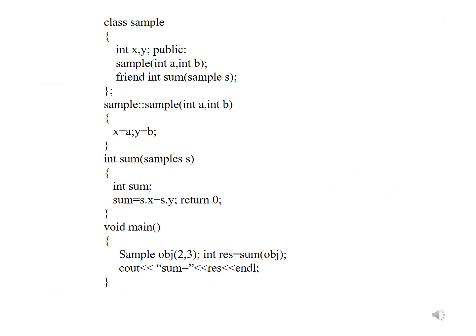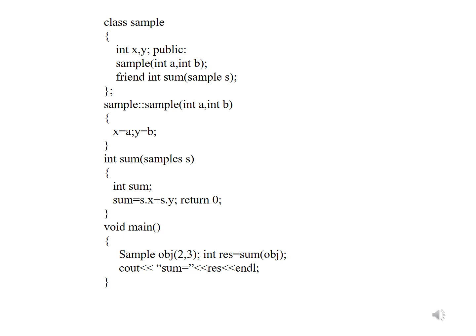Here is a demo program for the friend function. Carefully observe this slide. Class sample, open the bracket, integer x comma y, public sample integer a comma integer b, friend integer sum of sample s.